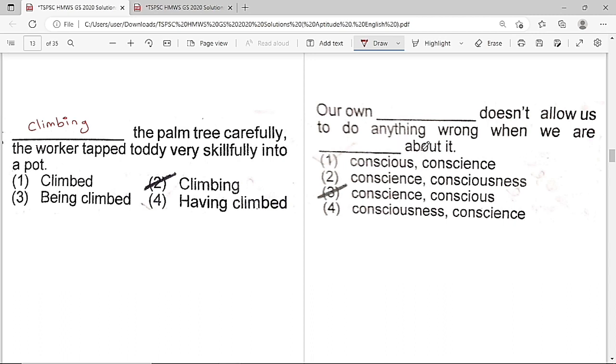Now we are going to discuss another question. See the question here: "Our own dash doesn't allow us to do anything wrong when we are dash about it." It is basically a fill in the blank question.